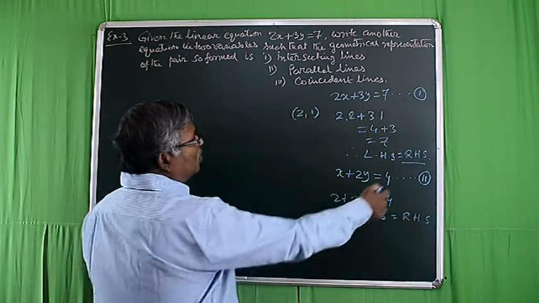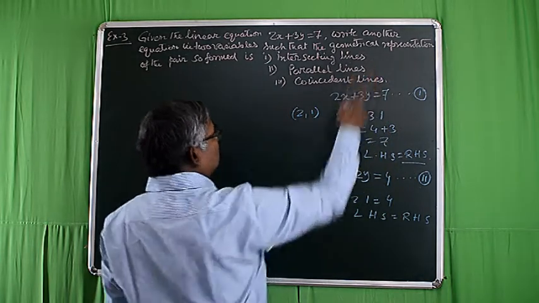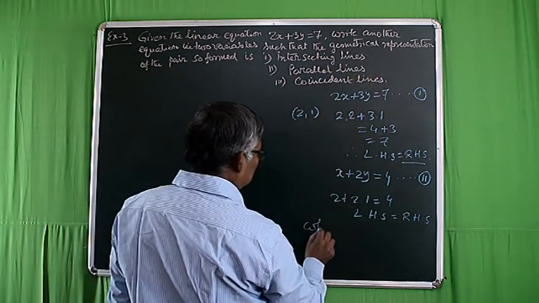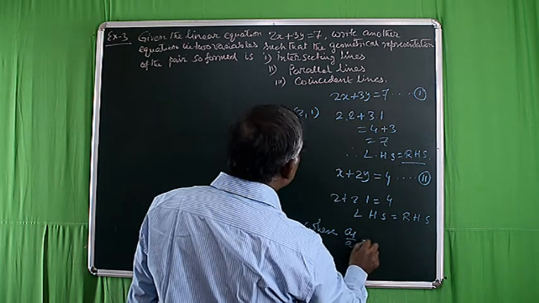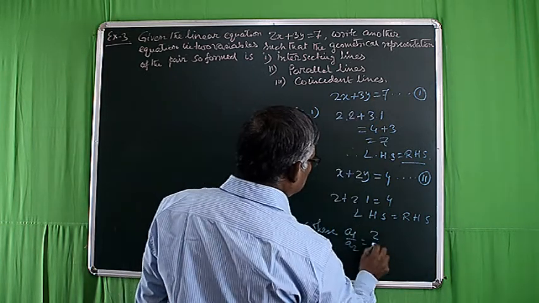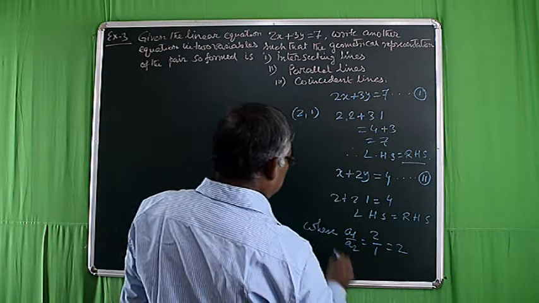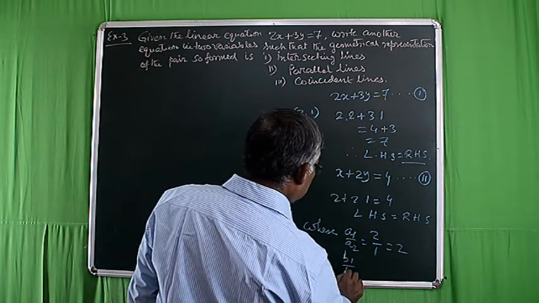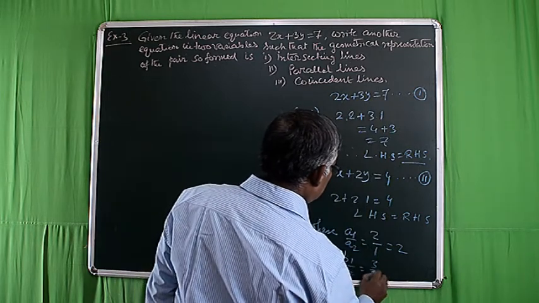So equation number 1 and 2 are two intersecting lines, where a1 by a2 equal to 2 by 1, that is 2, and b1 by b2 equal to 3 by 2.